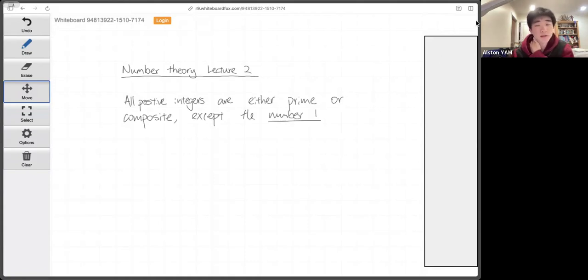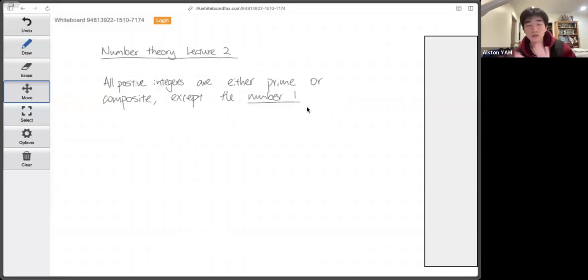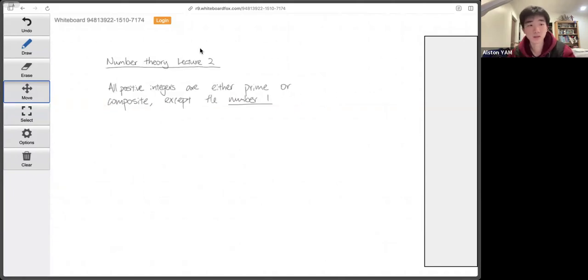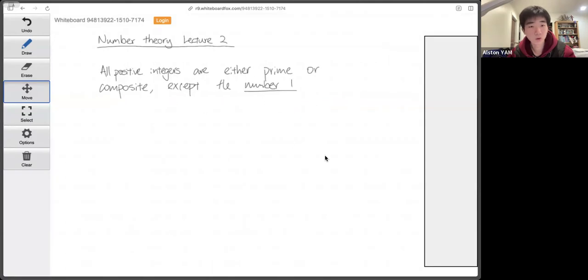And why is that? Because we have defined a prime number to be a number with exactly two factors, right? But the number 1 has exactly one factor. So it is not a prime or a composite number, because a composite number needs to have more than two factors, but 1 only has exactly one. The number 1 is the only number with this property, that it is neither prime nor composite.